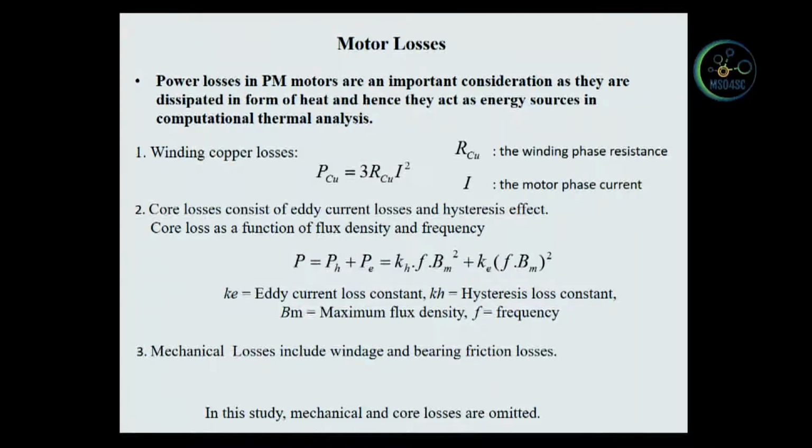The first one is the winding copper losses. This is the classical Joule effect losses, the product of the resistance and the square of the current. And we have other losses, core losses, which come from the eddy current losses and the hysteresis effect.